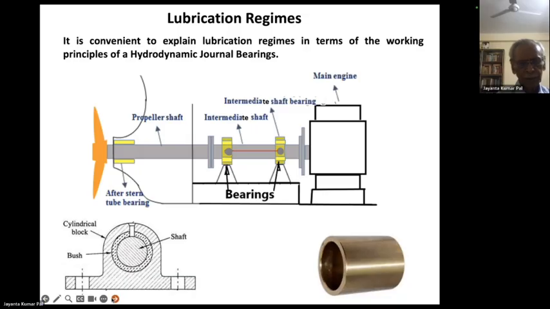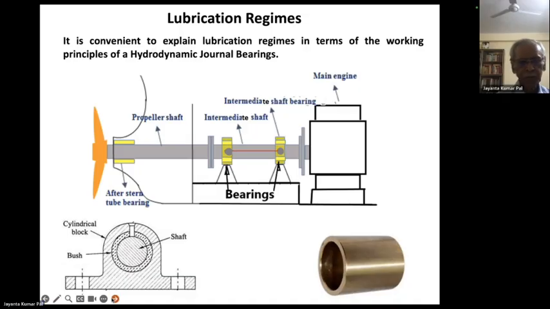In many cases, this is a typical way of carrying load while a shaft is rotating. So this tells us how the thrust produced in the propeller is transmitted to the hull using large hydrodynamic journal bearings.